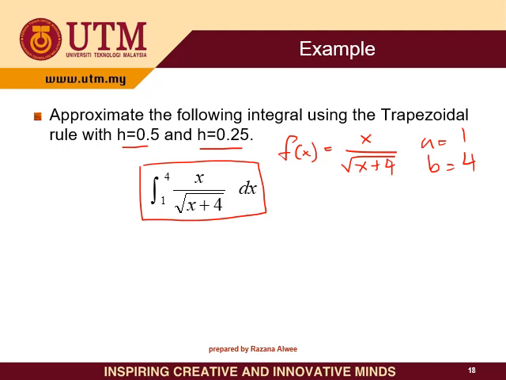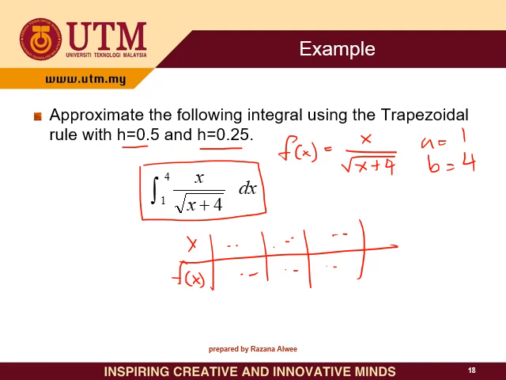They will give you the values in terms of a table. If you remember, this is your x, this is your f(x), and these are the numbers for x and f(x). Sometimes they give you the table and don't give you the f(x). But for this question, they give you the f(x), so you need to calculate to make it into a table. So two ways: sometimes they give you f(x), sometimes they give you the table.